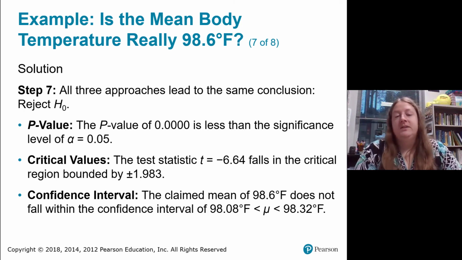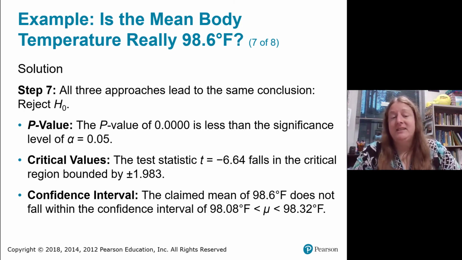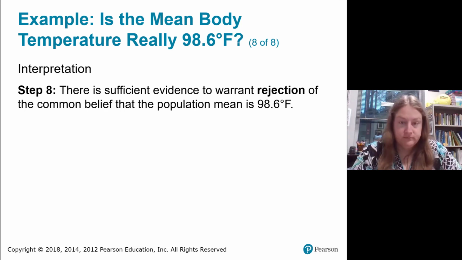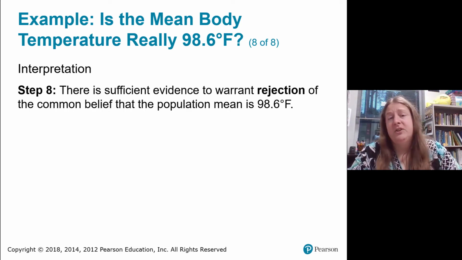And with our confidence interval, 98.6 does not fall within it. So with all three, our conclusion is that we reject our null hypothesis. There is sufficient evidence to warrant rejection of the common belief that the population mean is 98.6 degrees.